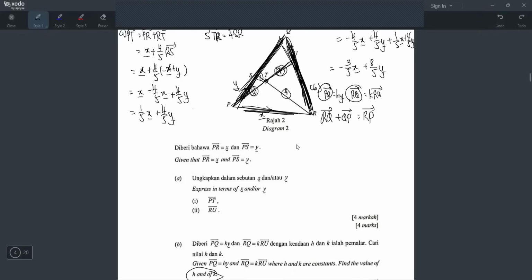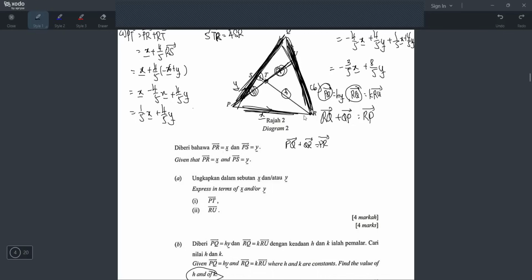Of course, some students will say, hey sir, what if I write PQ plus QR equals to PR? Can also, because like this also, you will have H and K in one equation, right? My mission now is to make the H and K into one equation, because in vector, it's actually good if you have whatever you want to find in one equation.